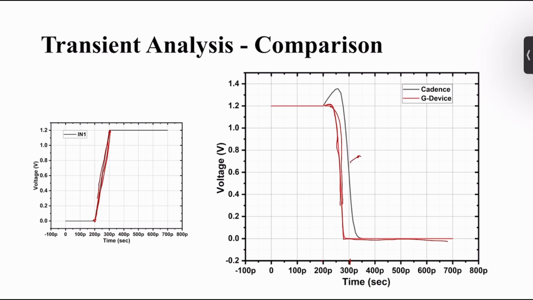If we change from 0 to 1, then the output also changes instantly from 1 to 0. So our transistors in G device are faster than the Cadence transistors, and we can conclude they are good and better than the Cadence transistors.